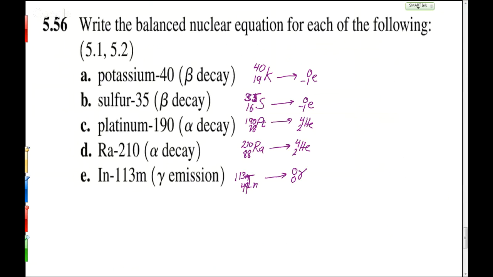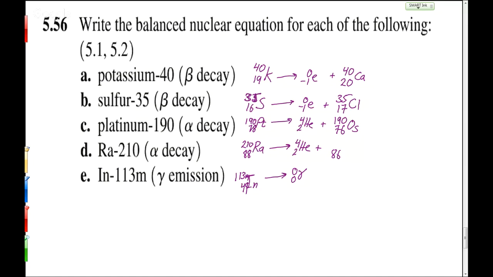And then we use the numbers and write what's left. So 19 is -1 plus 20. And 20, 40, that's going to be calcium. 17, 35, that's chlorine. 78 minus 2 is 76. 190, that's osmium. 86.